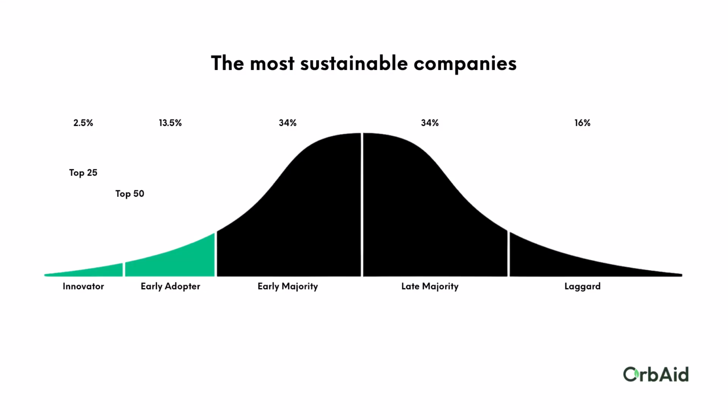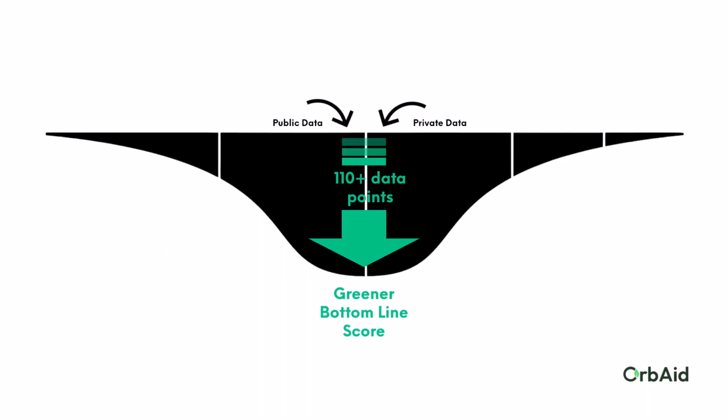In each industry, we assess the 300 largest companies to determine the top 25 and top 50 most sustainable companies within the industry. Leveraging public and private data sources, OrbAid analyzed over 110 data points to determine leading companies. A weighted greener bottom line score across sustainability plans, tracking, and actions was calculated to identify companies advancing sustainable business.